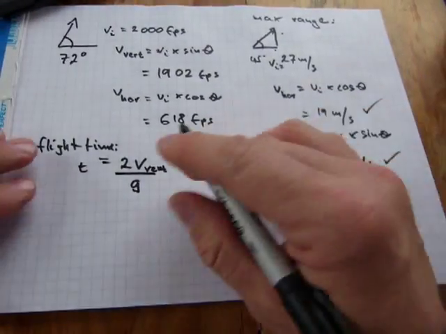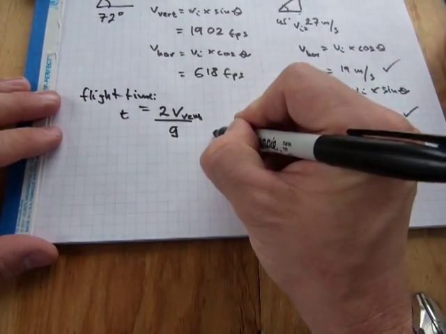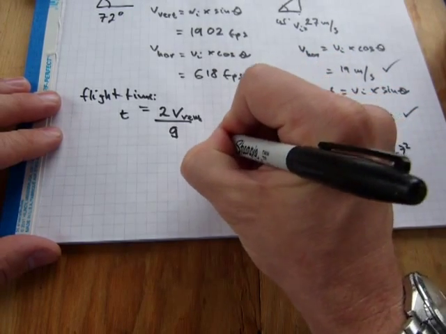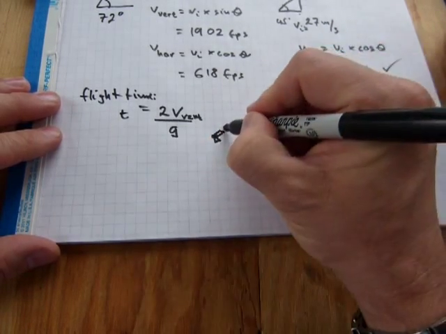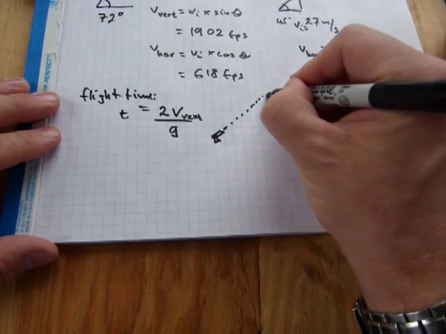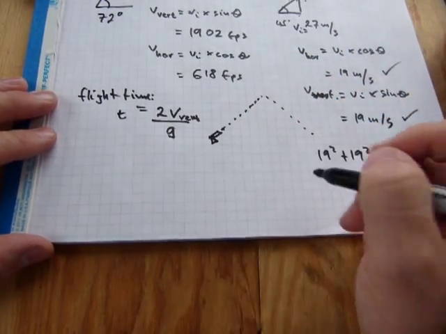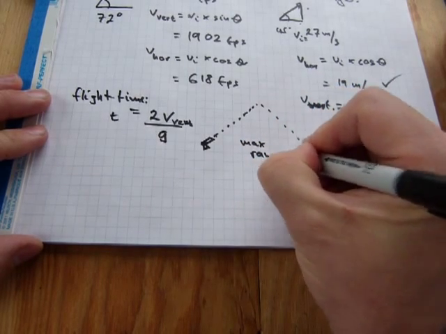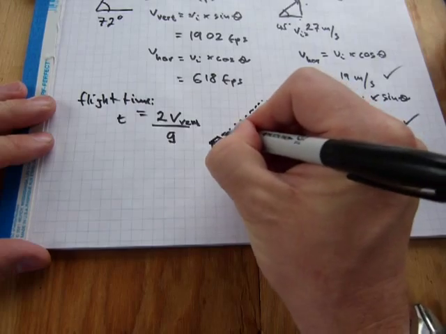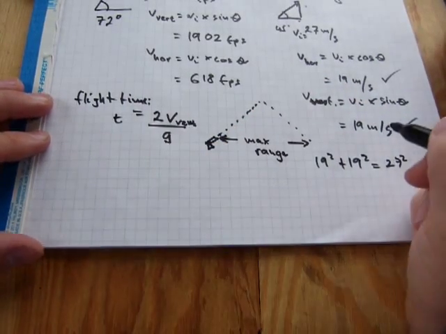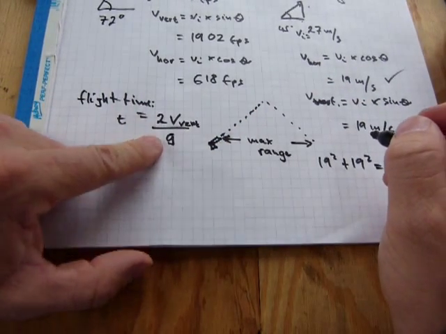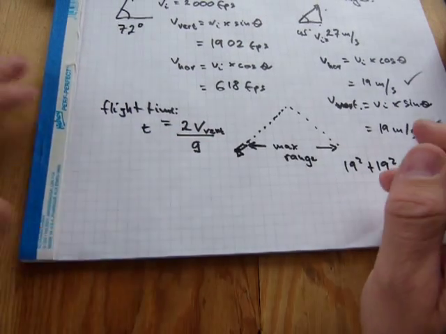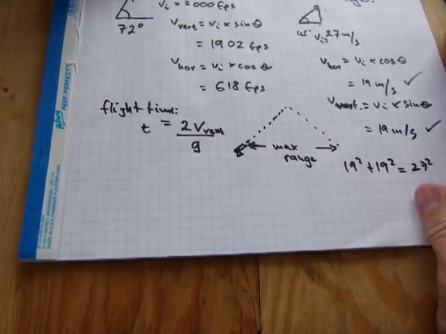That's the total flight time a bullet spans from the initial position where it's fired, goes up, and then comes down, and there's your max range. Max range from there to there. So to calculate the time, 2 times the velocity vertical divided by the gravitational pull of the Earth.